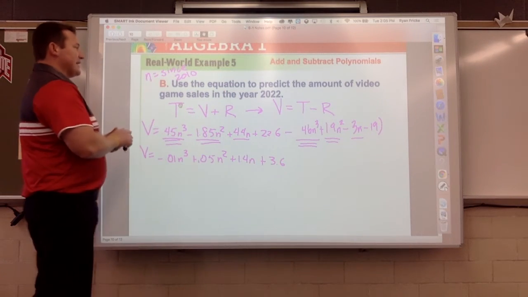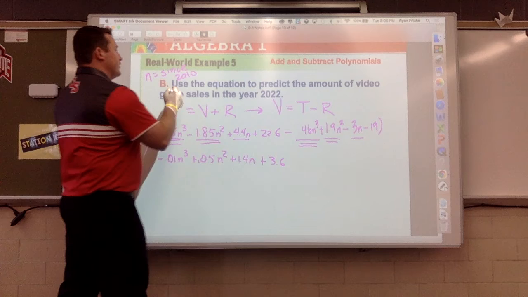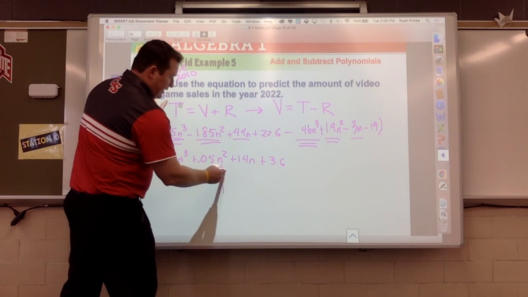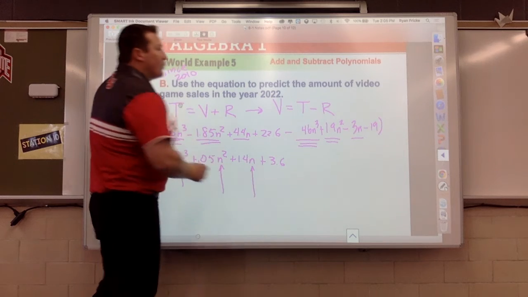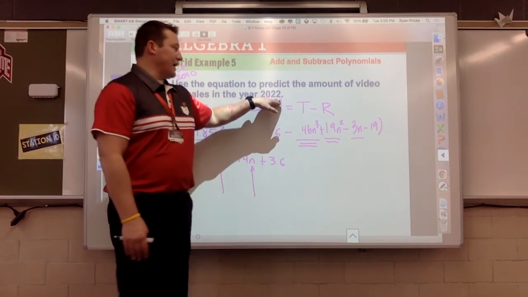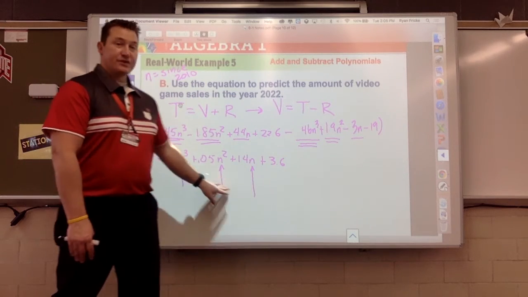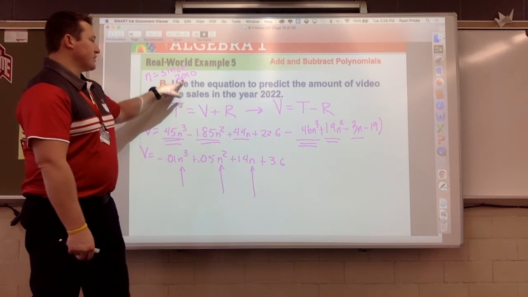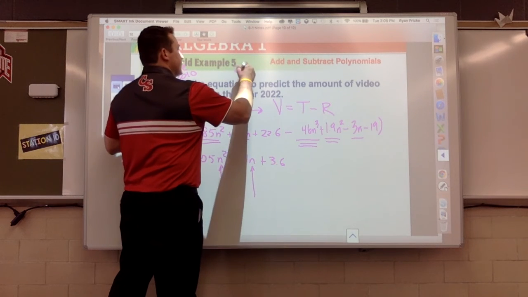Okay, last step. All we have to do is replace n right here, right here, right here. With what number? In 2022, should I replace n with 2022? Do a little bit of subtraction, guys.